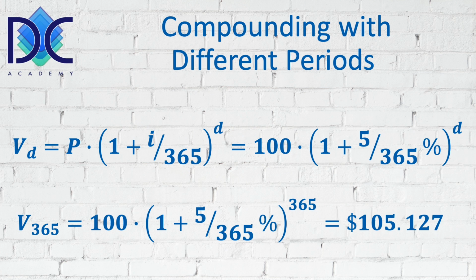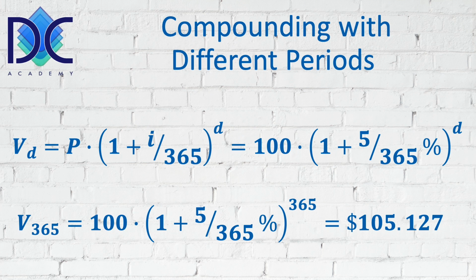When we put d equal to 365, we find that the result of daily compounding over a period of 1 year is $105.127, which means that the original 5% increased to 5.127%.